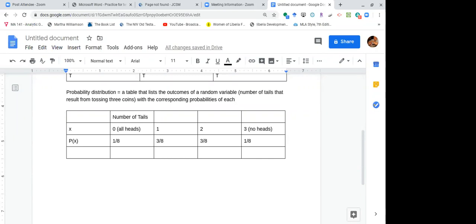There's so many red, so many green, and so many blue, whatever, you know. There's different ways of doing it, but sometimes if you make the probability distribution, it's easier to answer the questions if you're going to deal with it repeatedly. Okay. Yep.